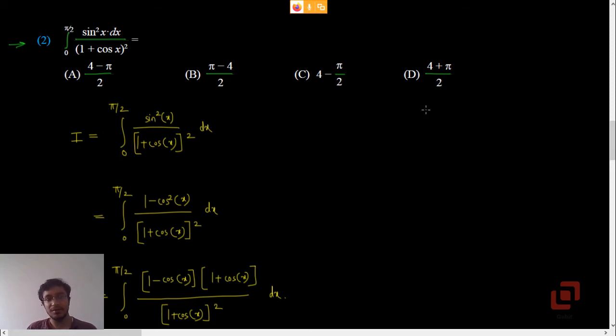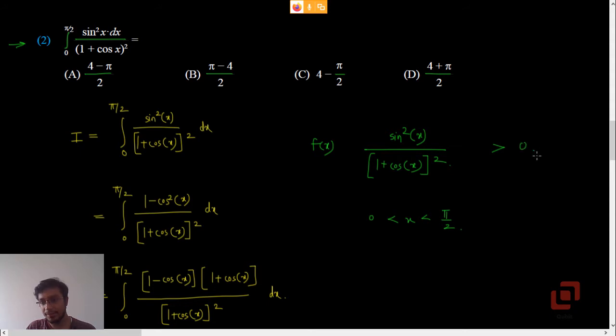Again, if you observe carefully, the function that is given to us is sine squared x upon (1 plus cos x) whole squared. Do you agree that when x is between 0 and pi by 2, f of x will always be greater than 0?